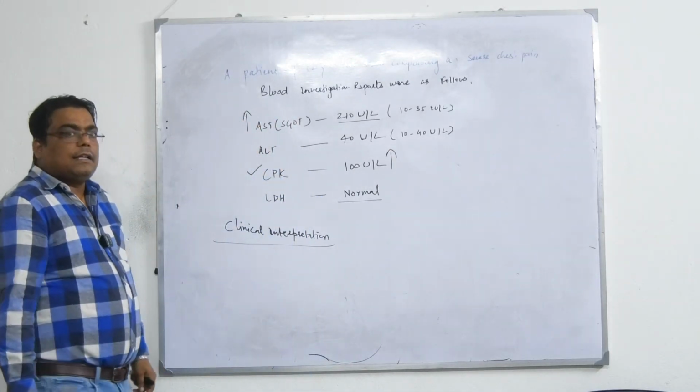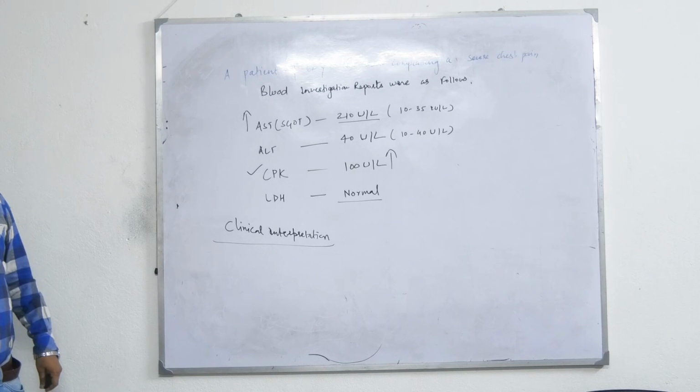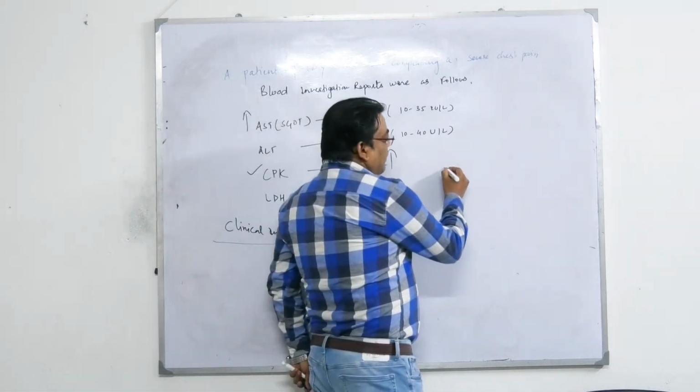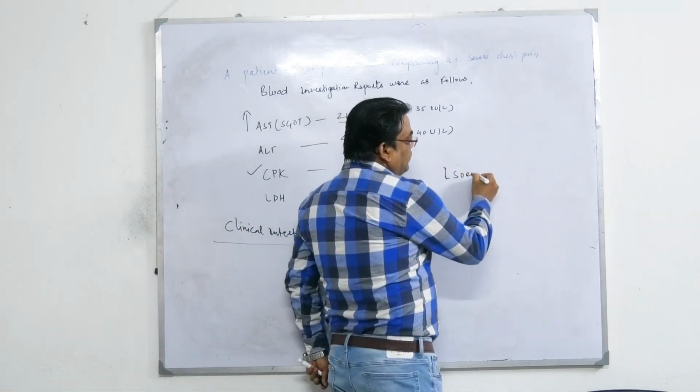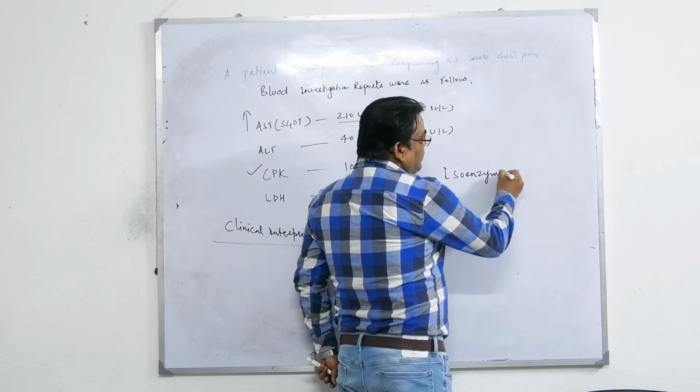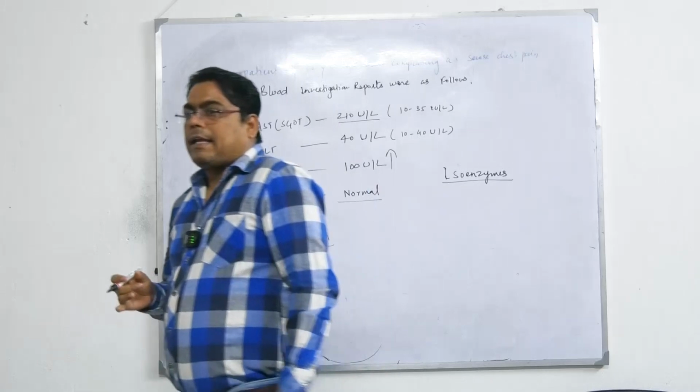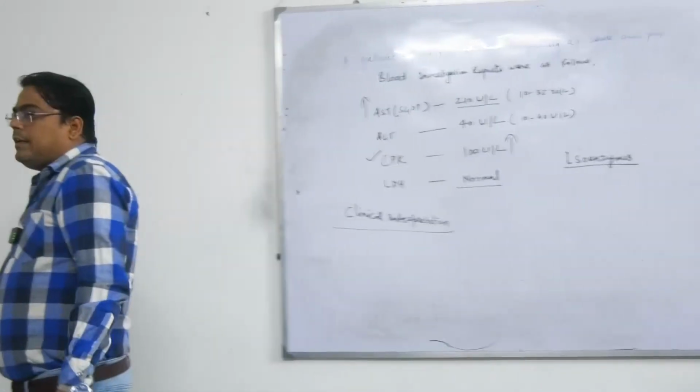Creatine phosphokinase and AST. When you see in your books, chapter 1 which contains isoenzymes. What are isoenzymes? These are the isoforms of enzymes like LDH, lactate dehydrogenase, creatine phosphokinase, alkaline phosphatase, which are formed by multimeric units.